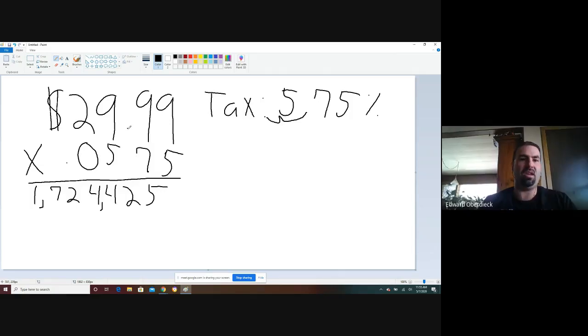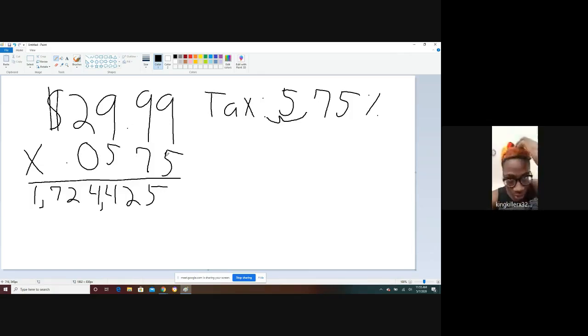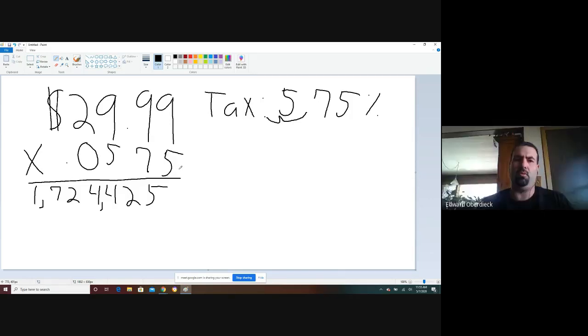But how many decimal places do we have in the problem? In one factor we have 2, and in the other factor we have 1, 2, 3, 4 decimal places. So we have to move our decimal place over.